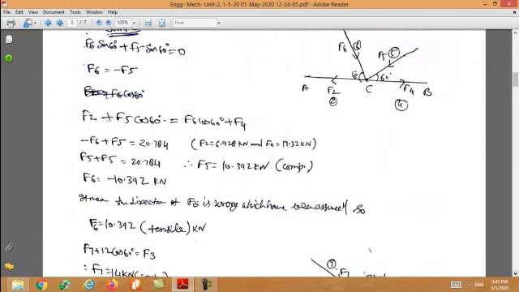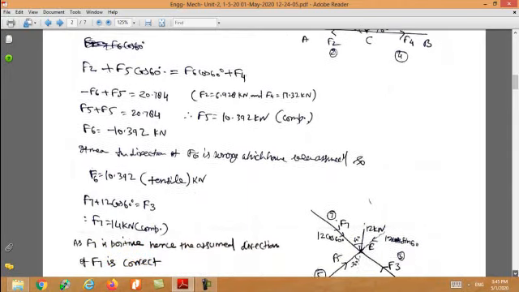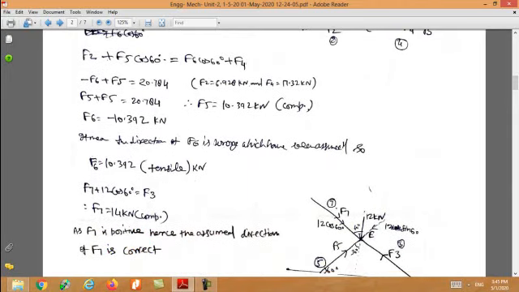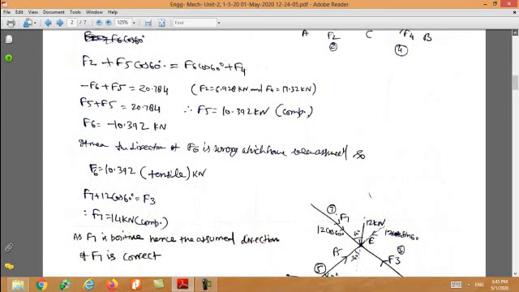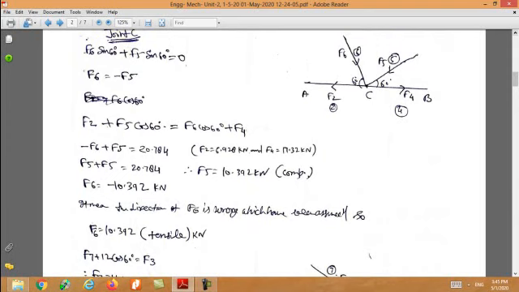Here you are seeing that the direction of F6 which we assumed is wrong. F6 comes out negative. We had assumed it to be compressive, but since it comes out negative, the assumption is wrong.